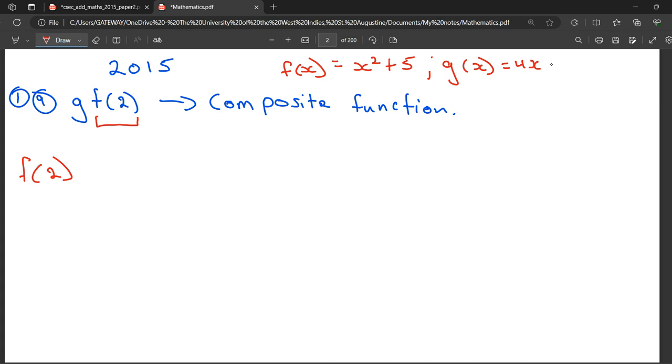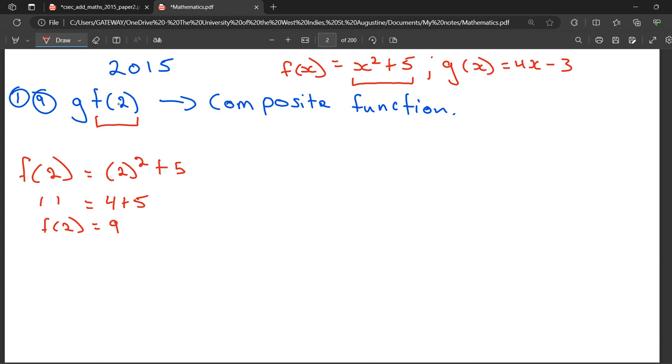So we find f of 2 now. Wherever we see x in x squared plus 5, we replace x with the number 2. So you get 2 squared plus 5. 2 squared is 2 by 2, which is 4, plus 5. Now 4 plus 5 is 9. So this is f of 2.